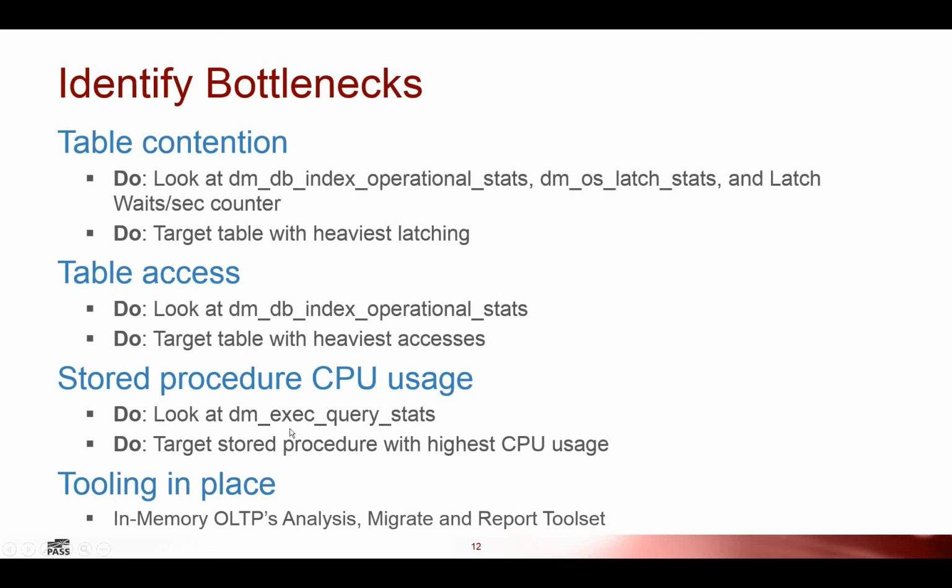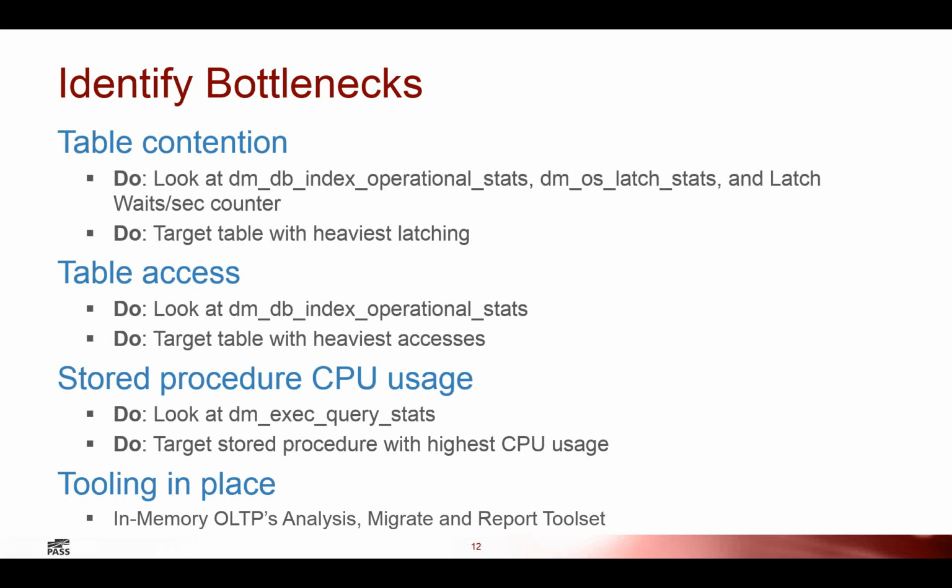We have tooling in place to help you make these decisions. The AMR toolset looks at all of these areas and uses the same data that you see, and with the algorithm that we have, provides some recommendations for your workload.